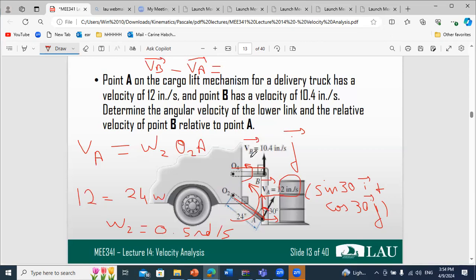VB doesn't have an I component, so 0 minus, so we get minus 12 sine 30 in I, while in J we have plus. For VB it's plus 10.4, minus 12 cosine 30. So this is the component along J.